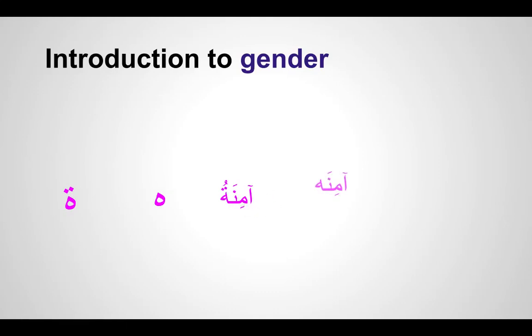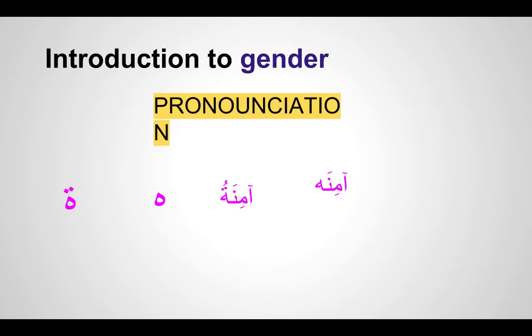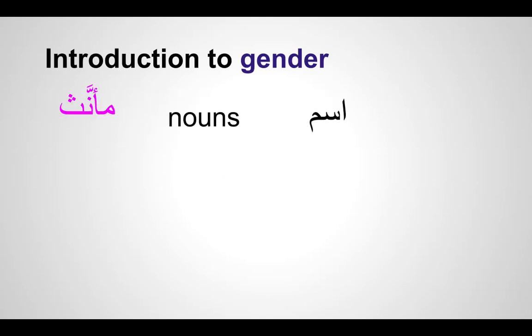But if we are ending at ta, we pronounce it as ha. We say Amina, it's not Amina, it's Amina. That is how it is pronounced. Pronunciation is slightly different. Fatimatu. If you want to end at the ta, we will say Fatima, like a sound of ha.